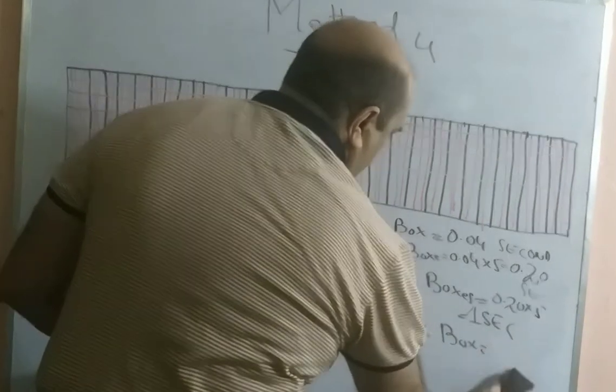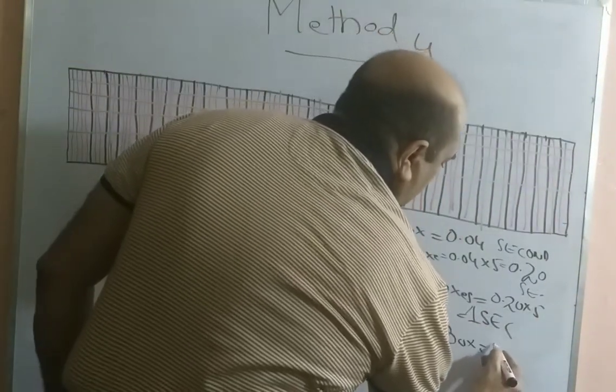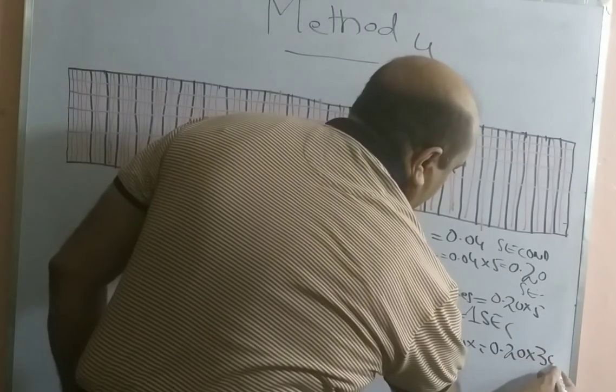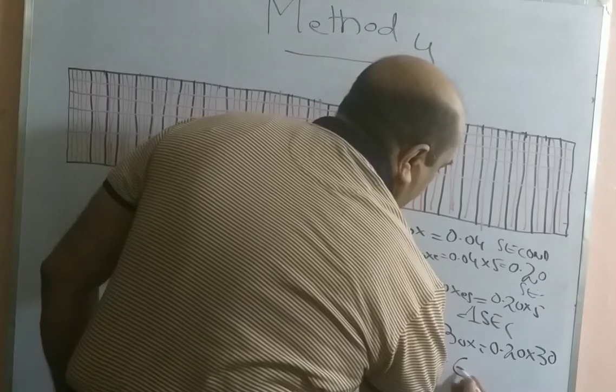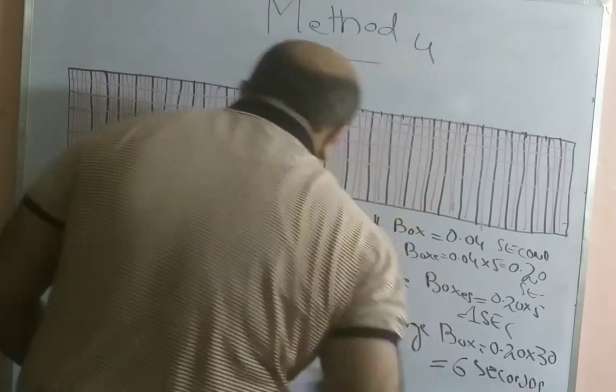So how much duration will 30 large boxes have? 0.20 into 30, and the answer is 6 seconds.